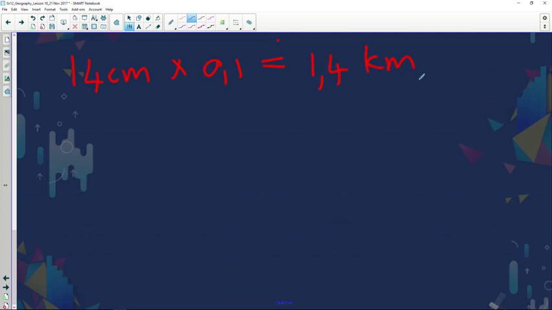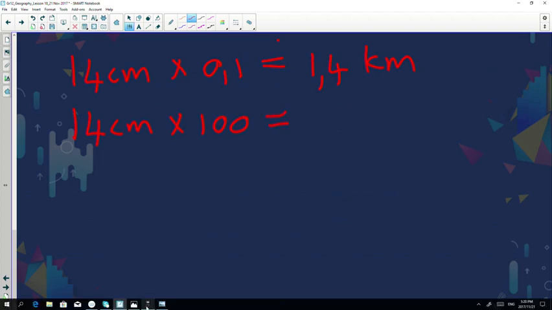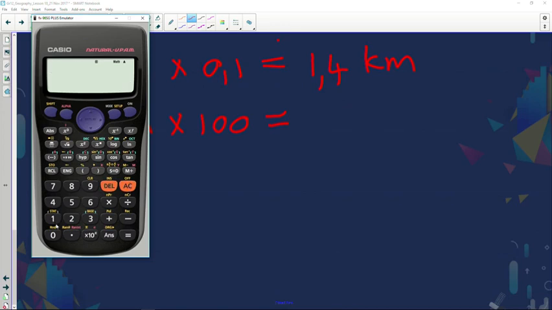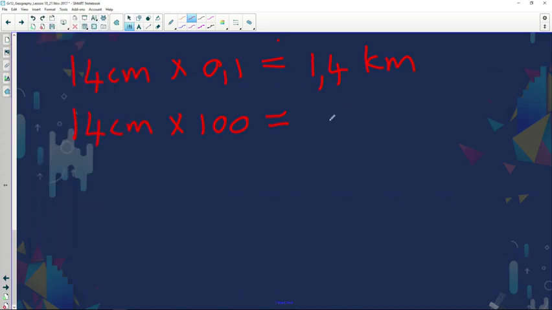If I want my answer in meters, go 14 centimeters times 100. Once again, go and use your calculator. And that equals 1,400 meters.